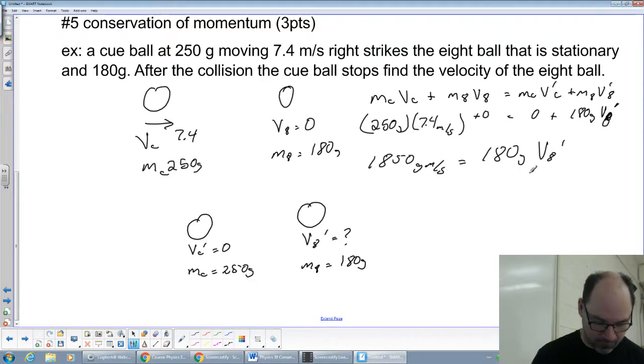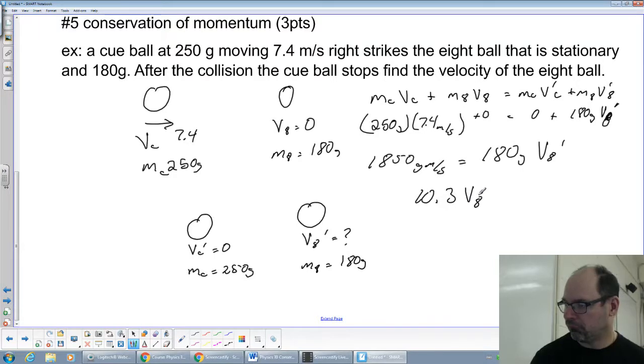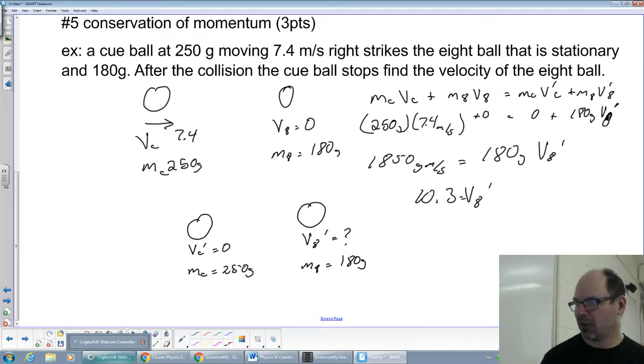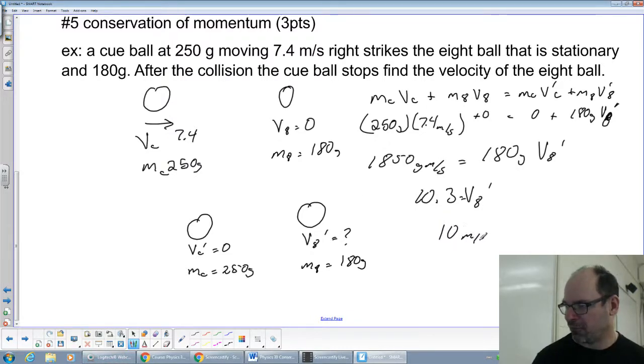Divide by 180 to get 10.27, or 10.3, equals our velocity. Since we have two significant figures, probably round it off to 10 meters per second. And that's question number 5.